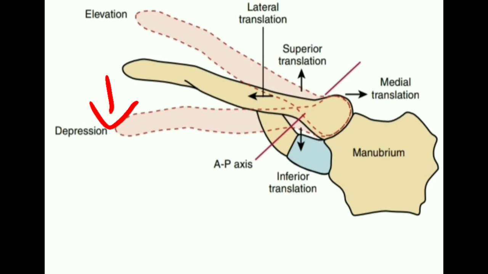So when the lateral end of the clavicle is moving downward, the rolling will be inferiorly and the gliding will be superiorly. So this will be the direction.